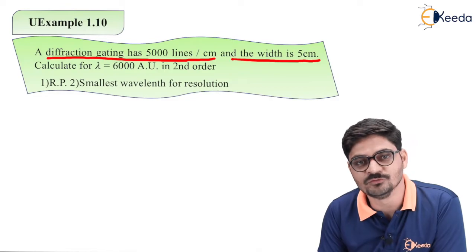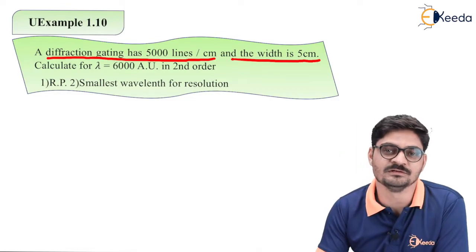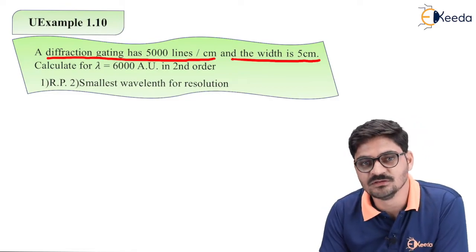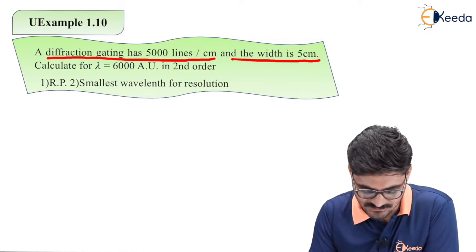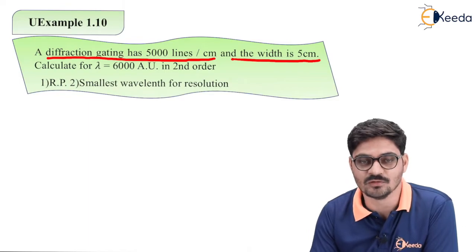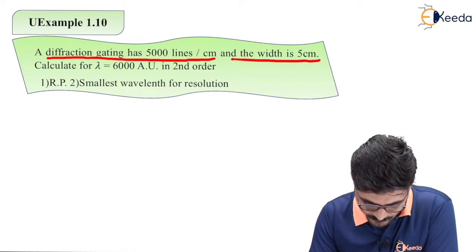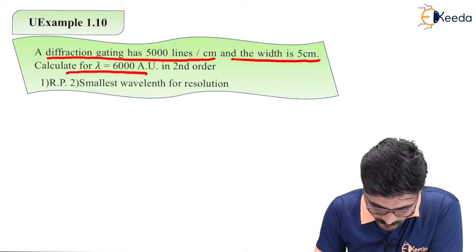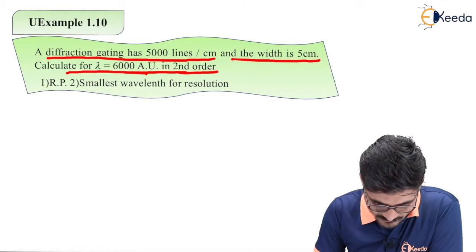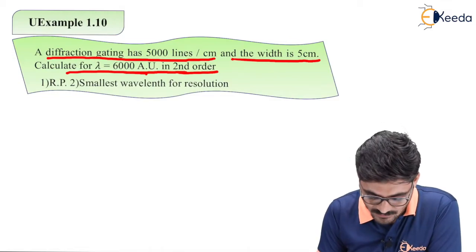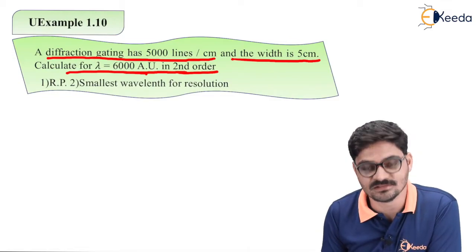So the total number of lines would be, yes, if 1 centimeter has 5000 lines, 5 centimeter will have 5000 into 5, that is 25,000 lines. So the total number of lines on this grating will be 5 into 5000, and we have to calculate for wavelength 6000 Armstrong in second order, what is the resolving power and what is the smallest wavelength for resolution.